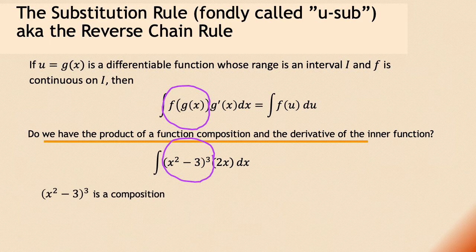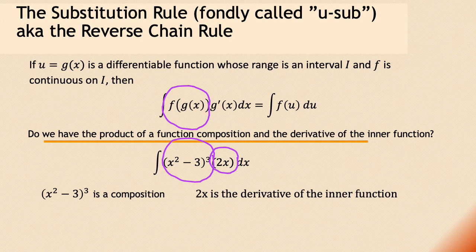And then the second question would be, are we multiplying that by what just so happens to be the derivative of the inner function? So our inner function is x squared minus 3. The derivative of that is 2x. So we do have the derivative of the inner function being multiplied by the function composition. So it's in the right form.